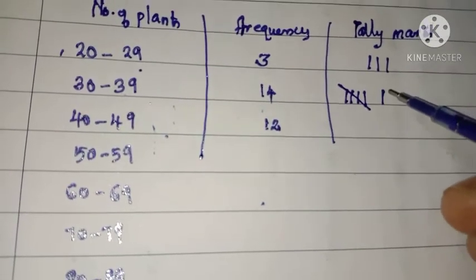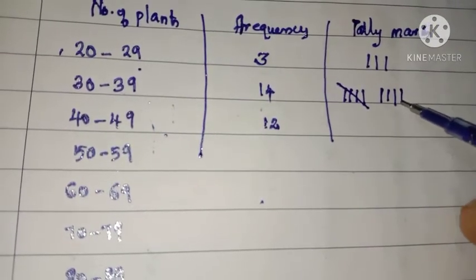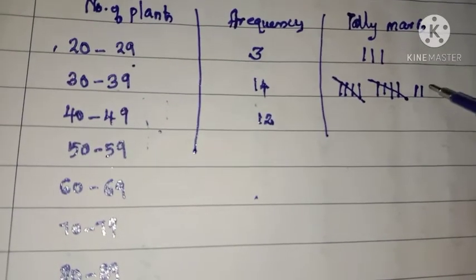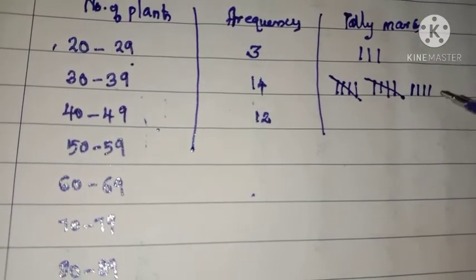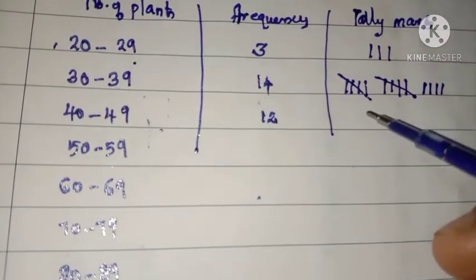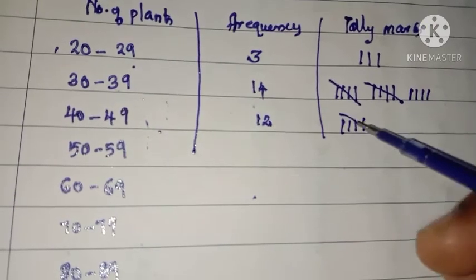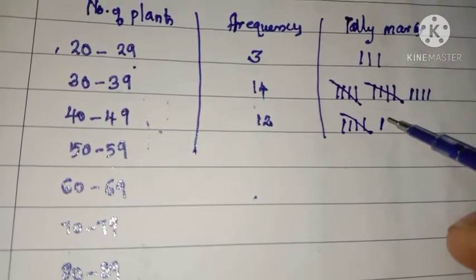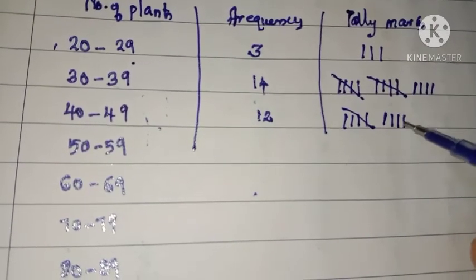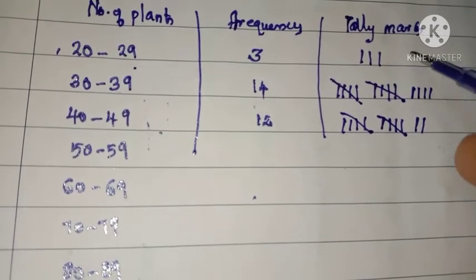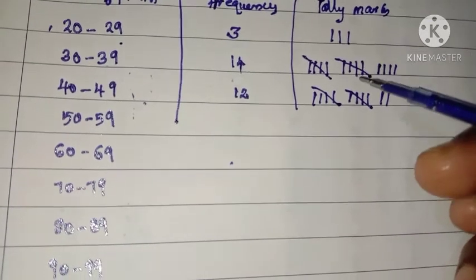Then 6, 7, 8, 9, 10, 11, 12, 13, 14. Then 12 is 1, 2, 3, 4, 5, 6, 7, 8, 9, 10, 11, 12. This is known as tally marks.